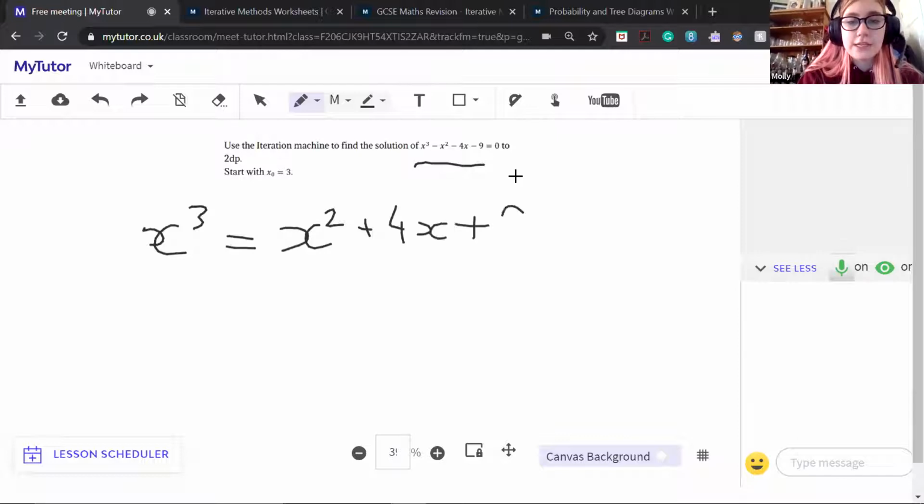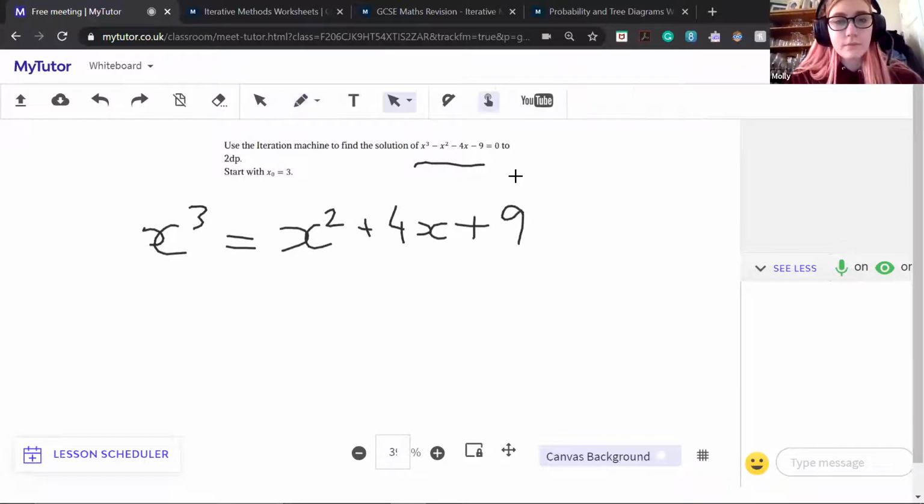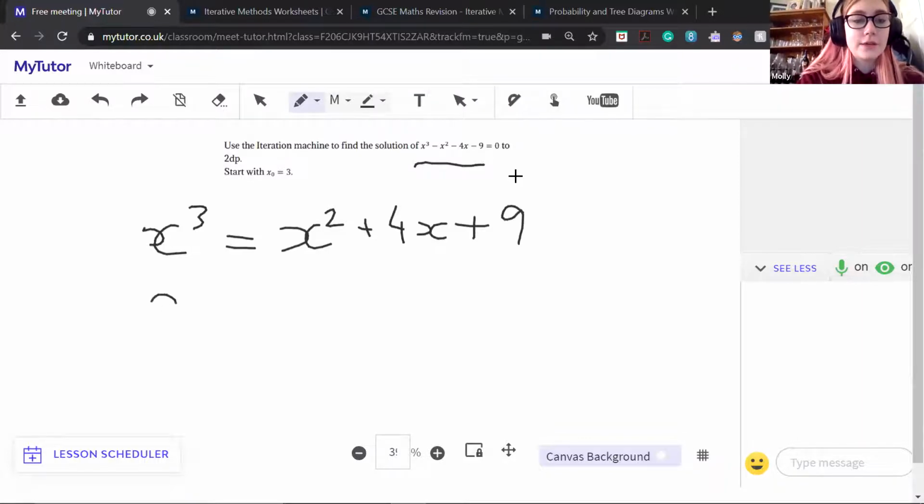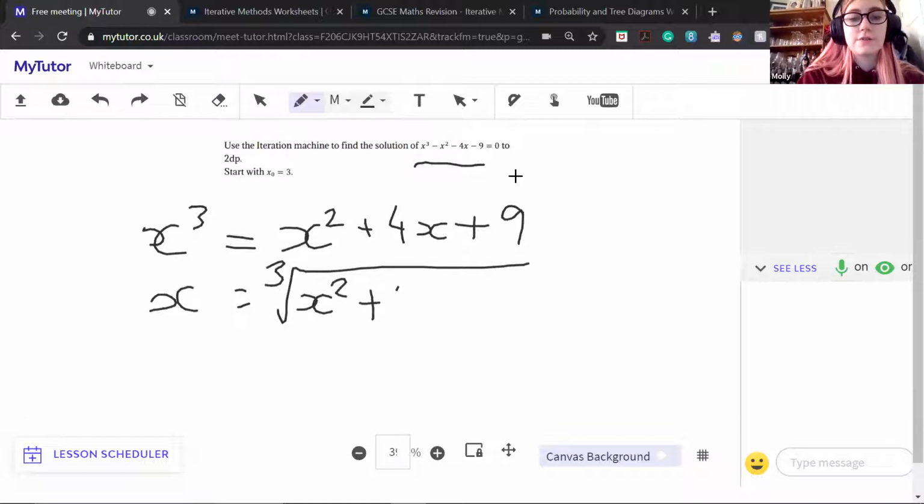All I've done is add x squared, 4x, and 9 to 0 on the right-hand side. And then I'll cube root everything. So we've got x equals the cube root of x squared plus 4x plus 9.